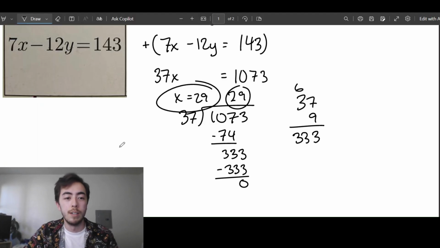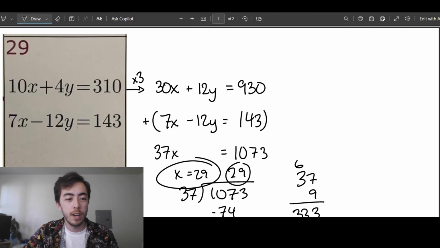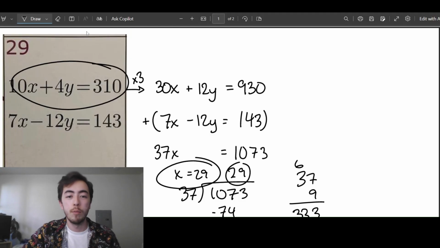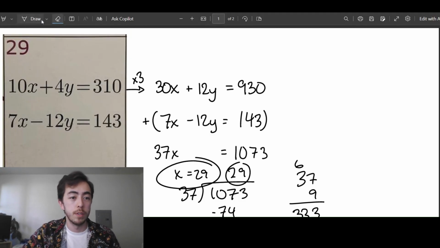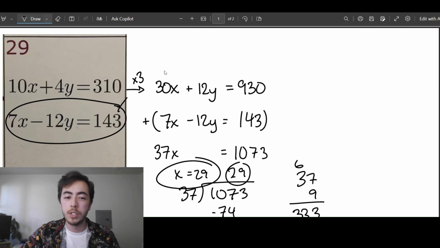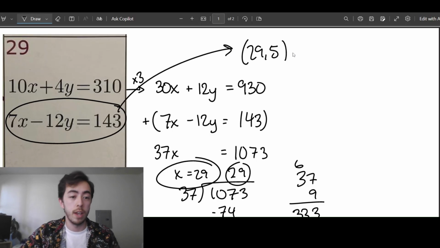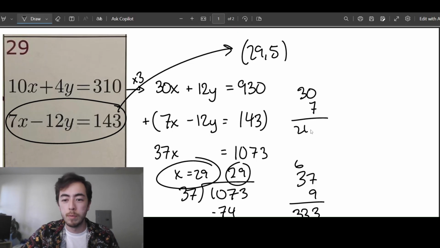Cool. And then, I think y is equal to 5, although I found that out by just kind of doing some mental arithmetic with the first equation. So let's just double check that 29 comma 5 as our ordered pair does make sense for the second equation as well. 7 times 29. I could do maybe 30 times 7 a little bit more quickly.